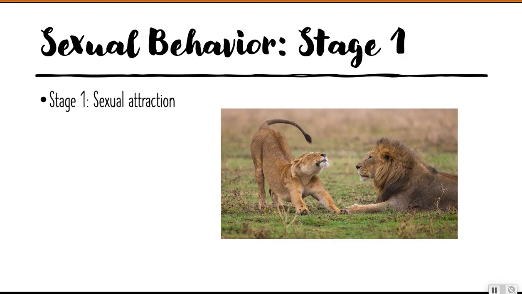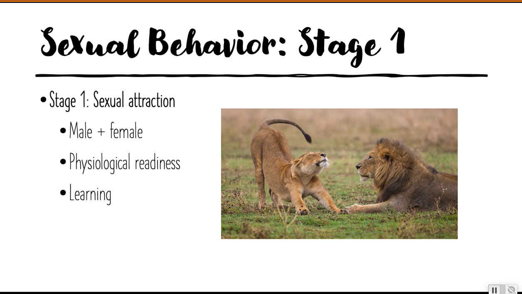The first stage is sexual attraction. During sexual attraction, this is all about bringing the male and the female together. It is tied to physiological readiness. It can also be shaped by learning.